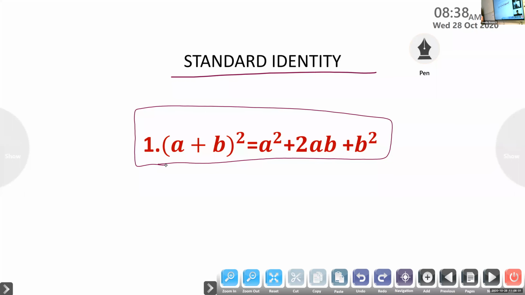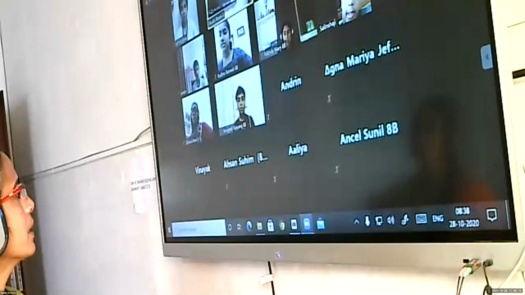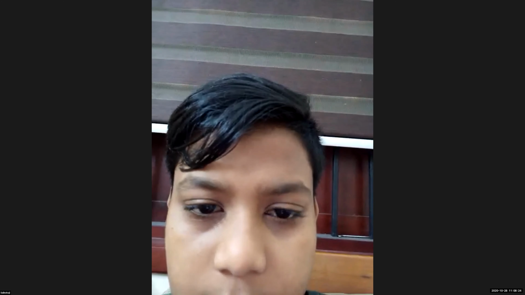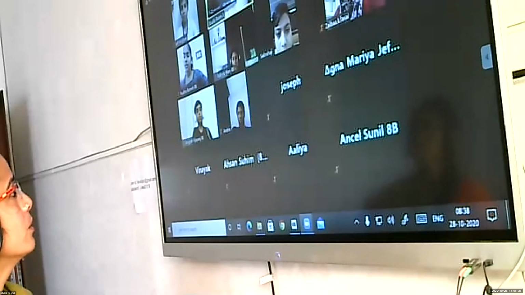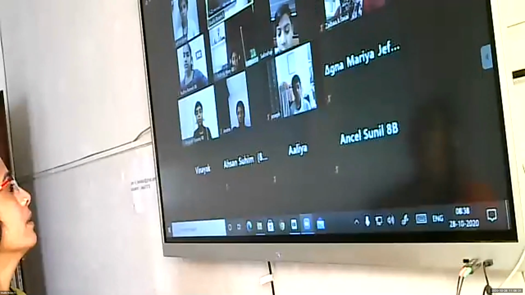Salin, read. Did you write that? Then you can look and read. (a plus b) the whole square is equal to a square plus 2ab plus b square.